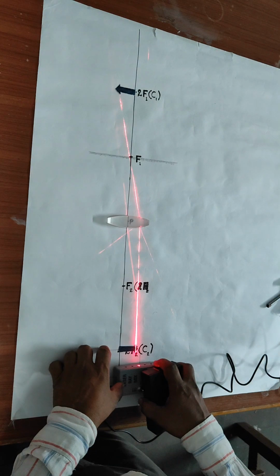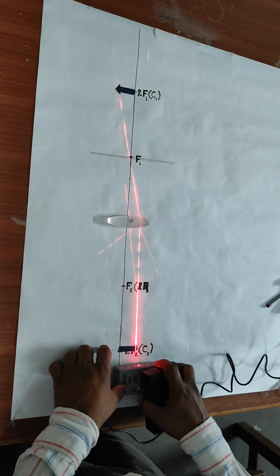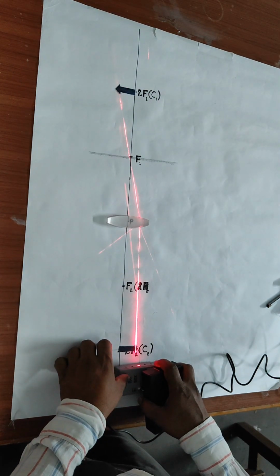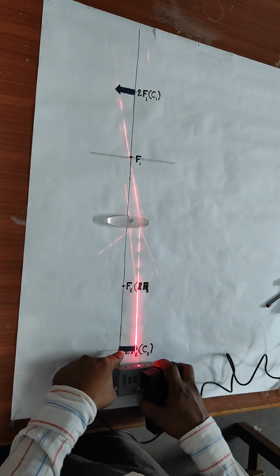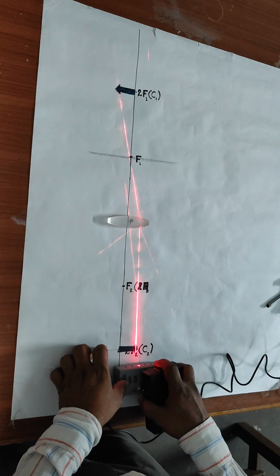Observe carefully. So here the size of the image is equal to the size of the object, and it is an inverted image and a real image.